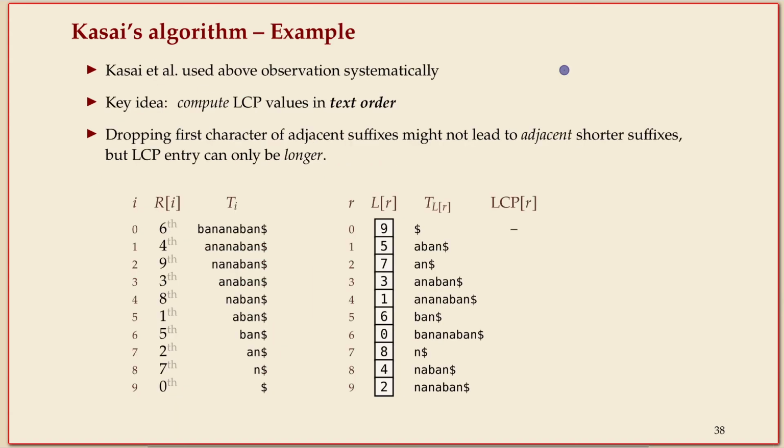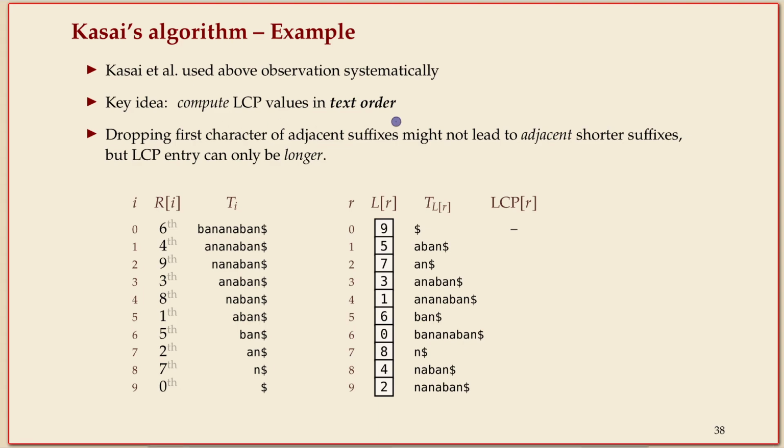To turn that into an algorithm, the smart way to do it that Kasai et al. came up with is to just compute the LCP values in a convenient order, and then all the complication goes away. I love this one because it's so simple to present, but each time, if you don't have an example prepared, you probably forget how it worked, and you have to reinvent it.